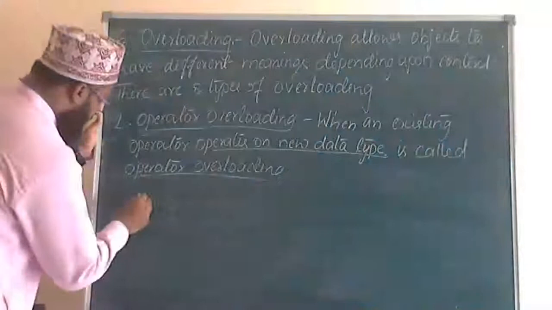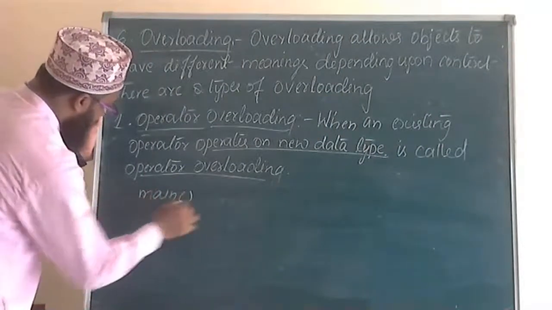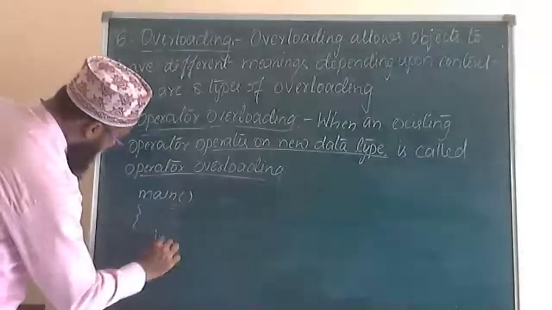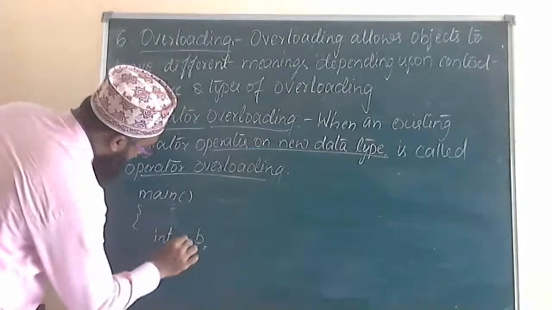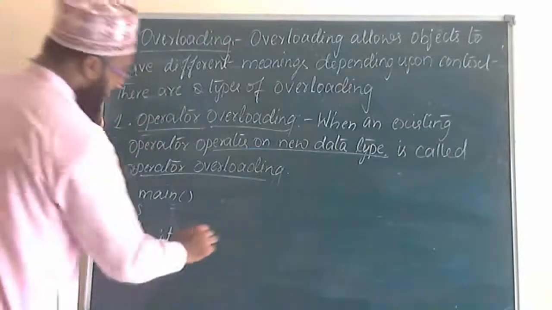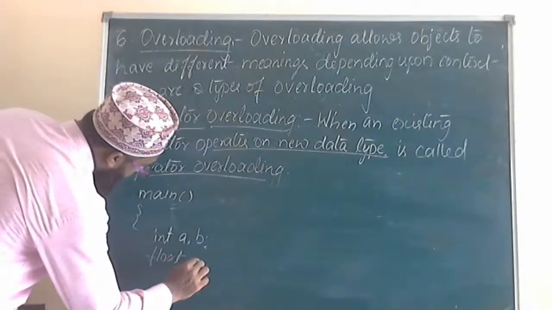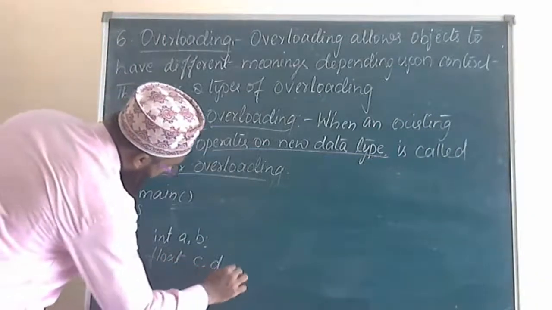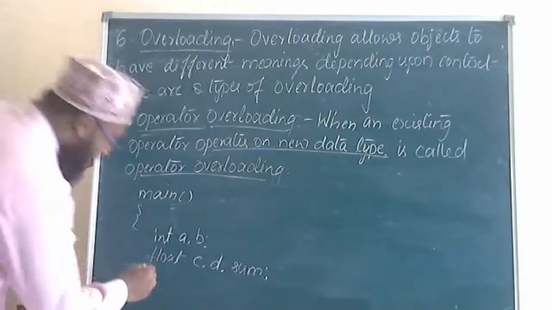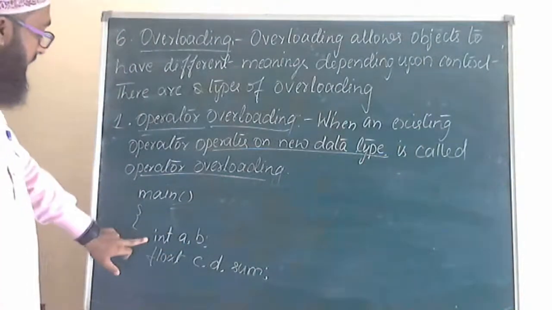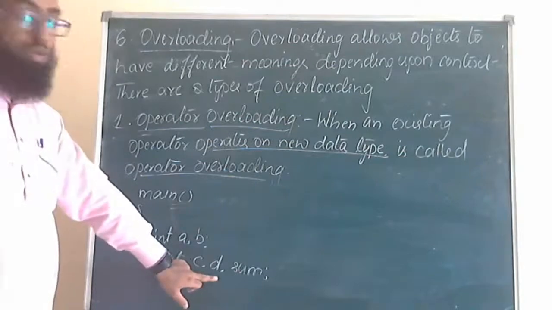I'll start from the main function. Main, then integer type: take a, b, two integer types. Then float type: c, d, sum. So the main function takes two integer numbers, then two float numbers.